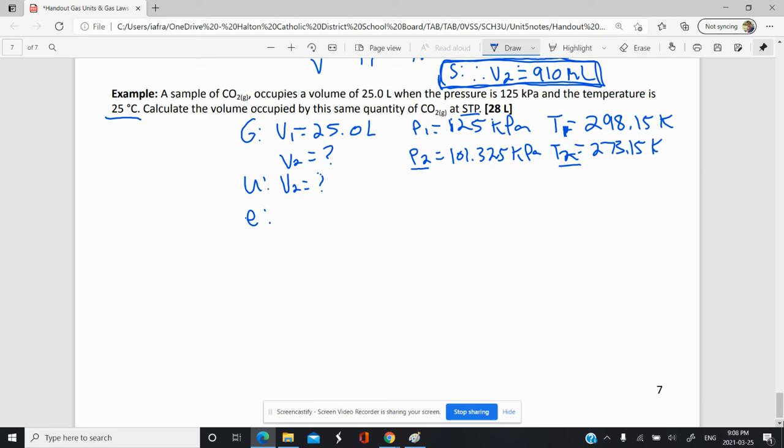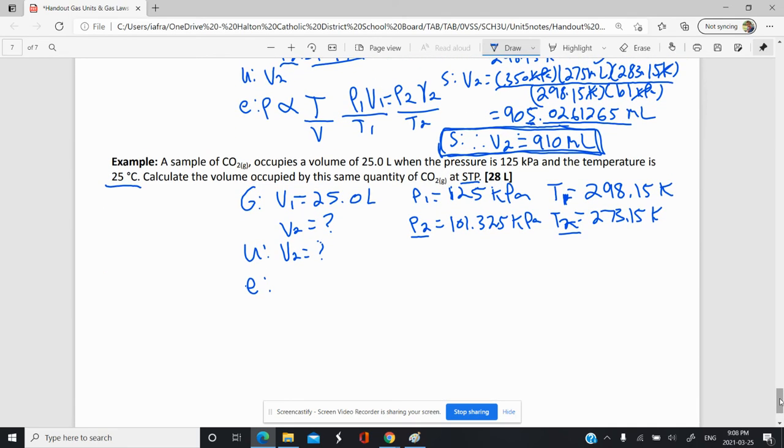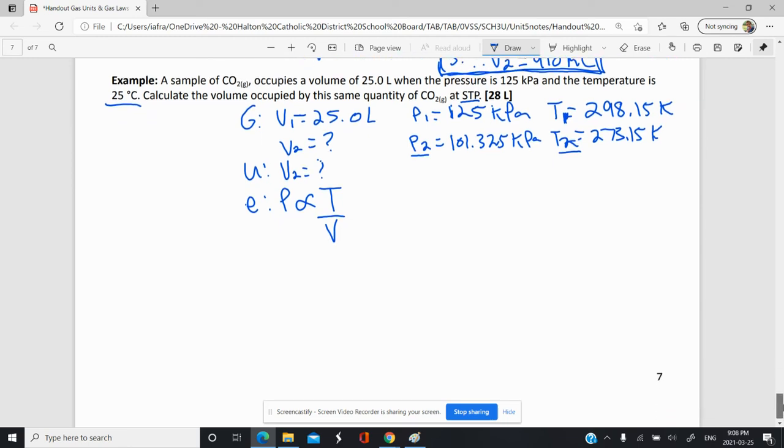We're going to need the gas law that we saw up here, where we have a proportionality that can be written as pressure is proportional to temperature over volume. And so our equation is going to be P1 V1 over T1 is equal to P2 V2 over T2.